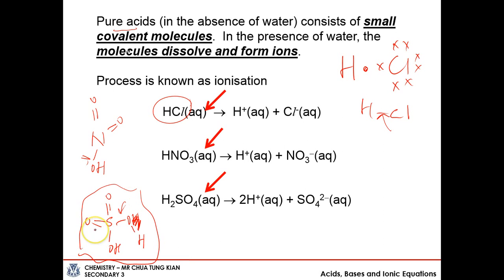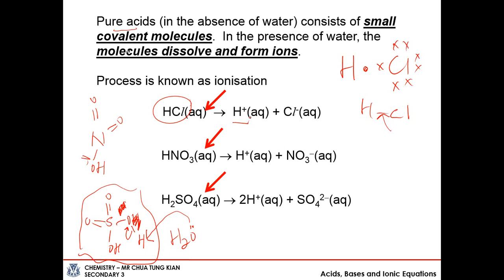But when you add in water, the water molecule can actually remove the H from the acid molecule. So it gives us the H+ ion, which then allows us to have all the observations for the different reactions of an acid.